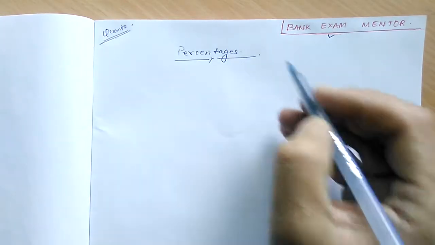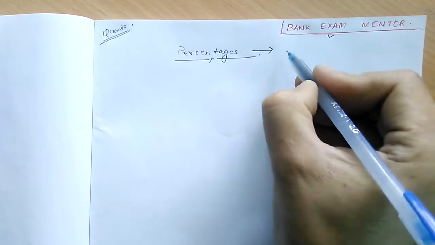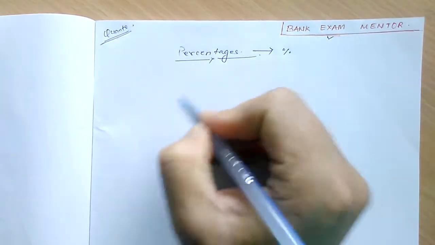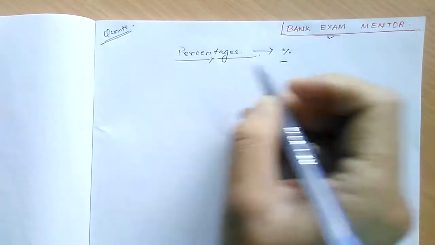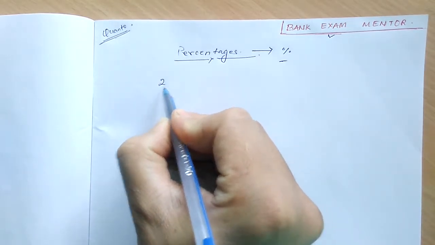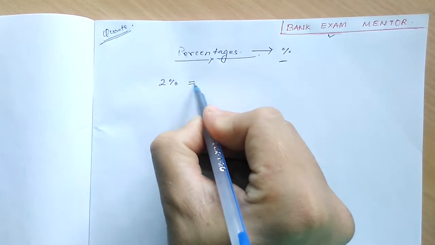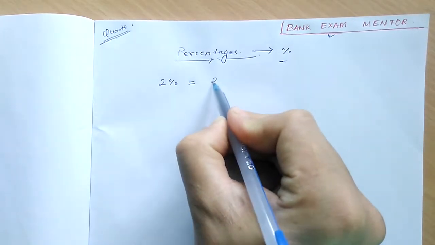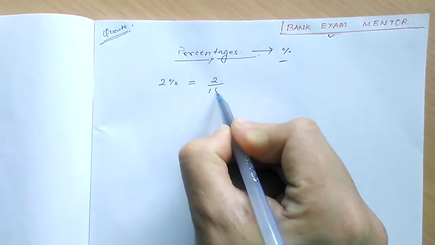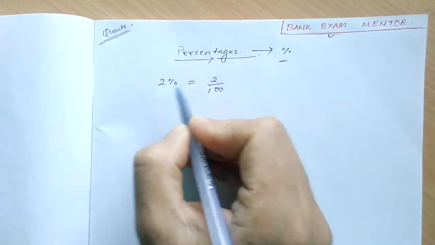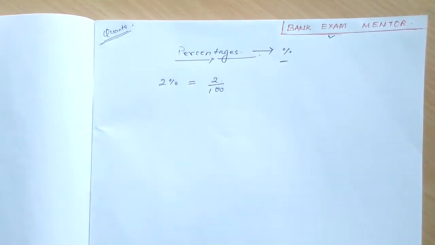So, I guess you all know the sign of percentages, that is this sign. So, if I write a number with the sign of percentages, 2% is equal to 2 by 100.